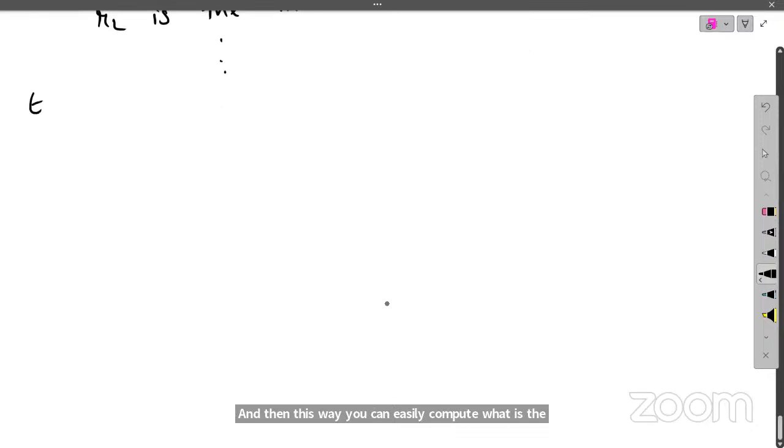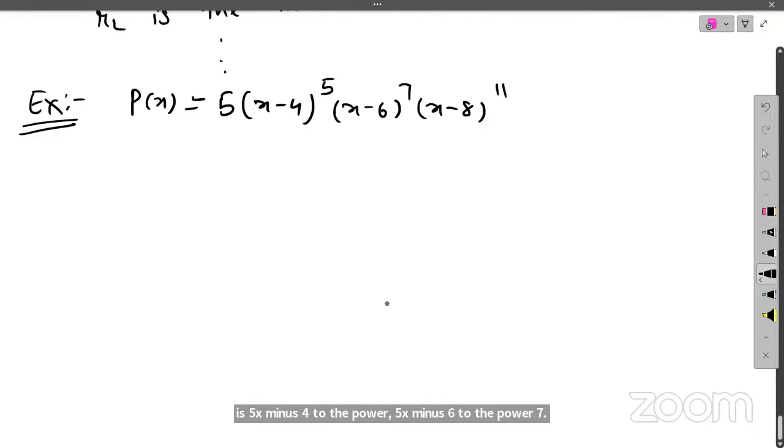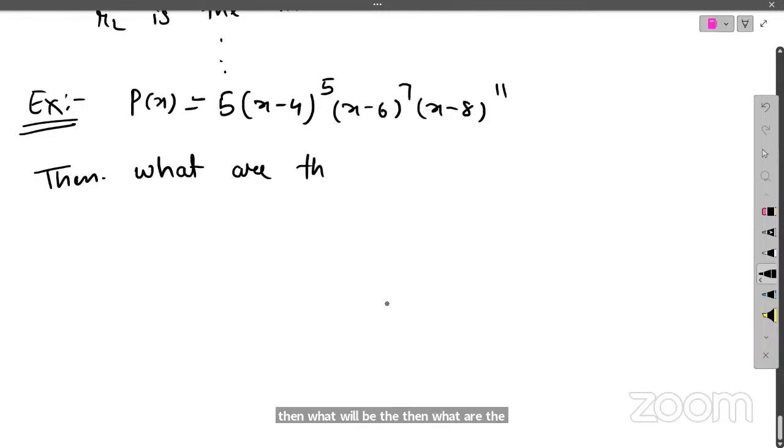Now, for example, let's suppose I have a polynomial. Suppose p of x is given in this form: 5 times (x minus 4) to the power 5, (x minus 6) to the power 7, (x minus 8) to the power 11. Then what are the zeros of p of x?